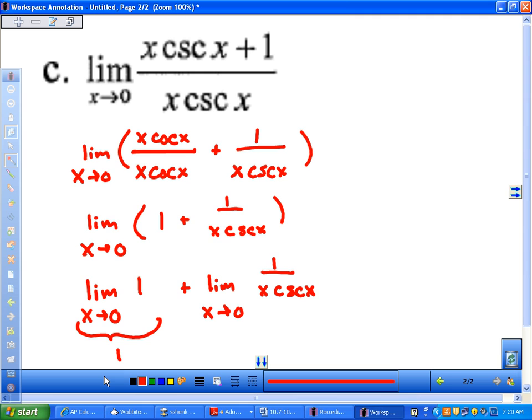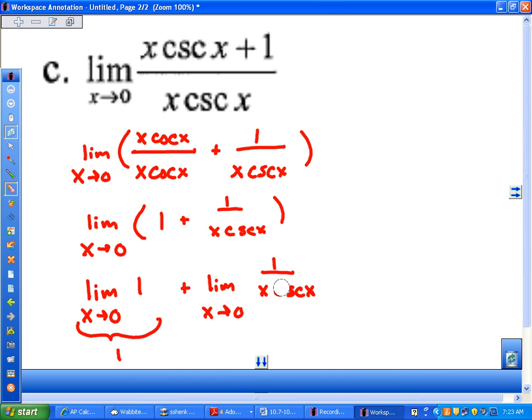But over here we still have that issue of the x in the denominator. We've somehow got to get that factor of x to cancel out. What am I overlooking here? Cosecant x is 1 over sine x. So let's see if we can simplify this out.